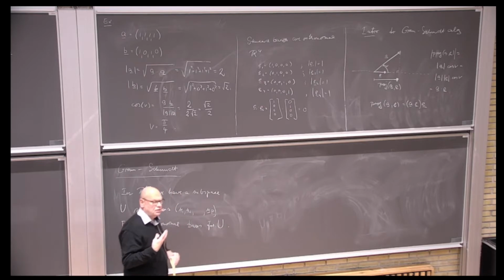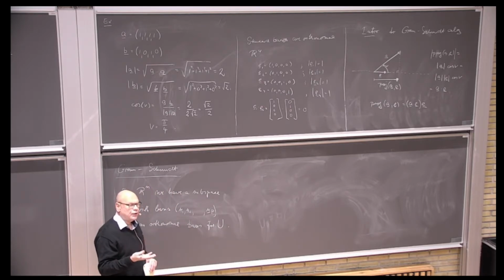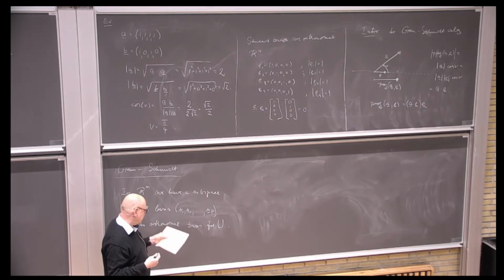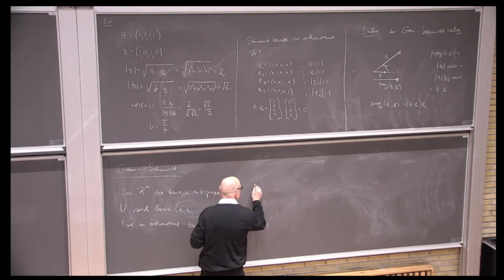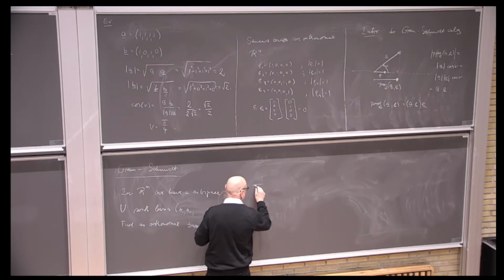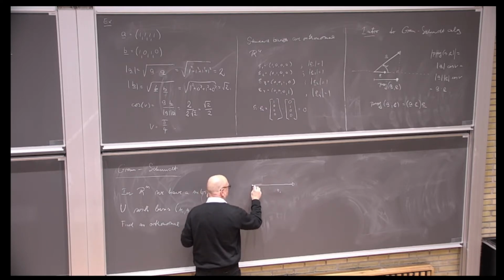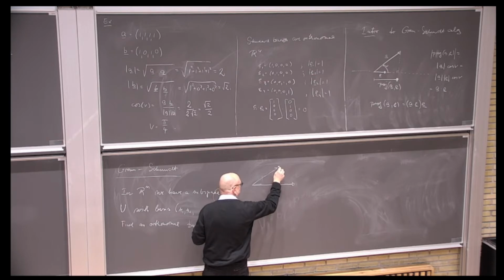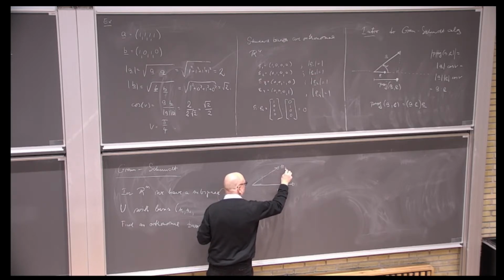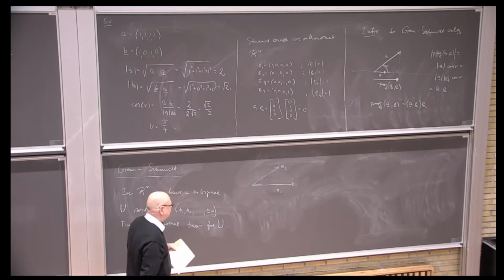You can always choose 2 vectors and look at the subspace spanned by these 2 vectors, and then you will be able to draw it. You have the vector U1 here, and then you have another vector U2 here.